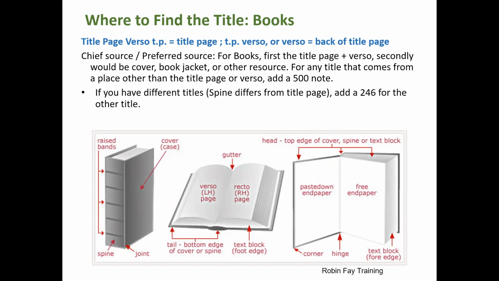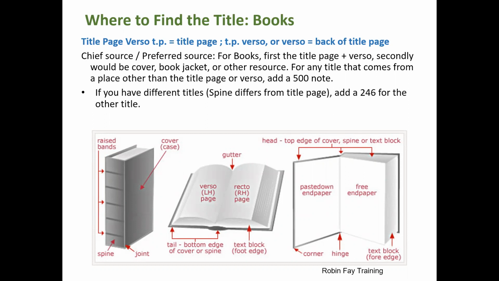If you are original cataloging and you do not have a title page, or maybe you need to use the book jacket or the cover or something else that is not the title page for your title, please include a 500 note to explain that your title came from the book jacket.